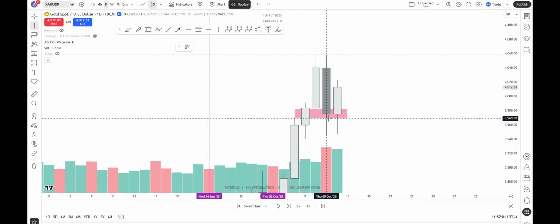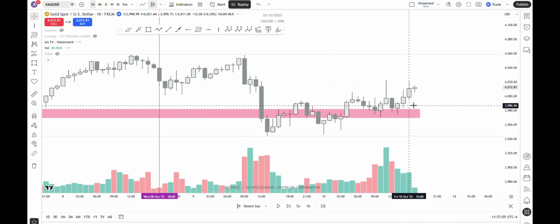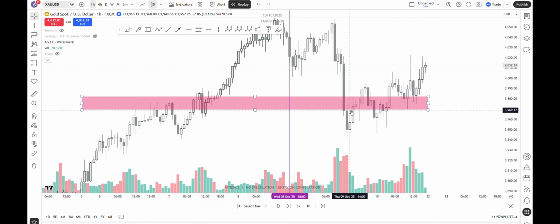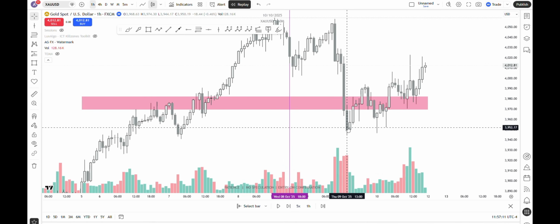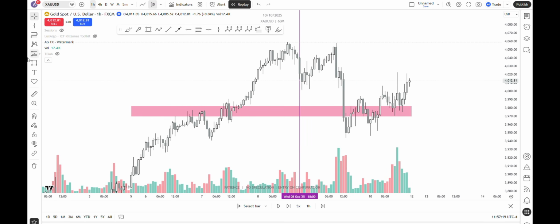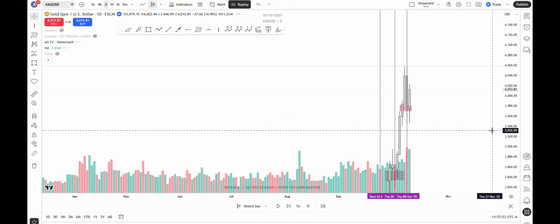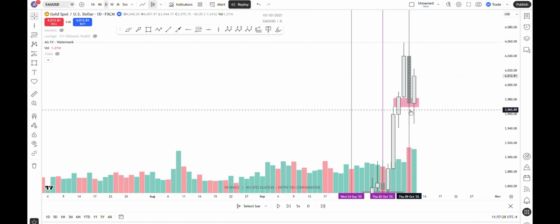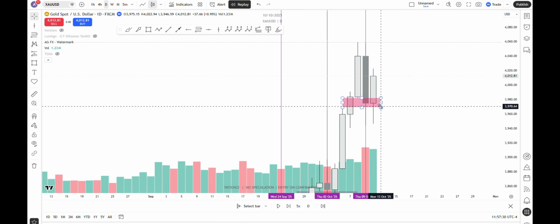So let's see if market gave us any displacement in the 1 hour time frame. So we can see that here market actually, yes, it dropped below this fair value gap, but immediately market started to push higher and market created displacement in the 1 hour time frame. Now remember that any POI is not invalidated as long as a candle closes below that POI in the same time frame.